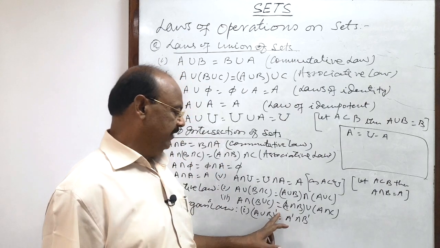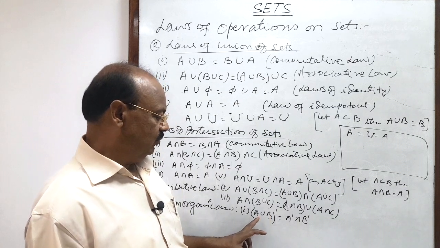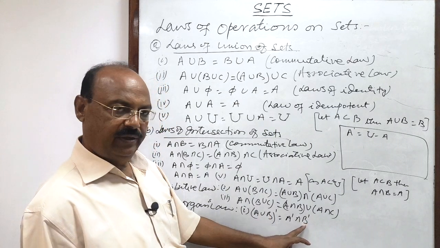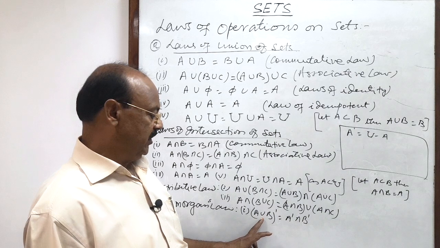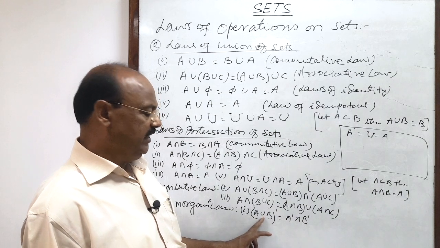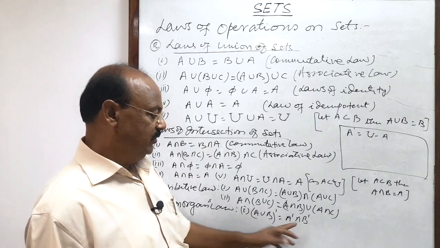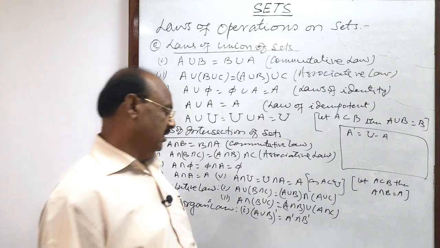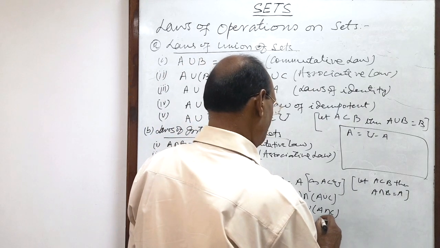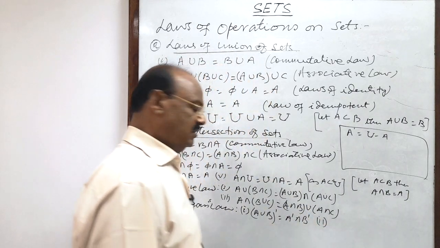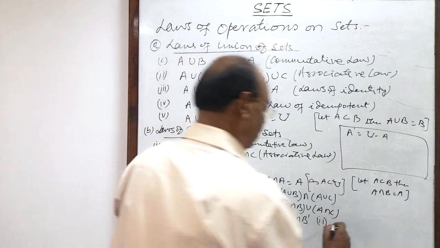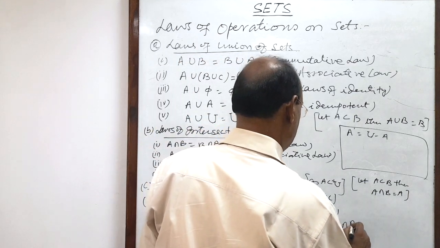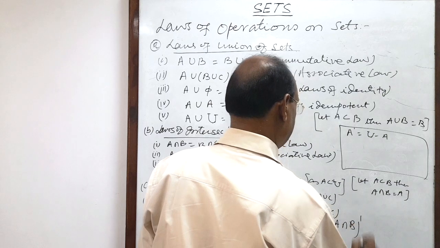So this complement is being distributed over both the sets A and B, but the operation union is being converted into intersection. Similarly, the second law of De Morgan is A intersection B whole complement.